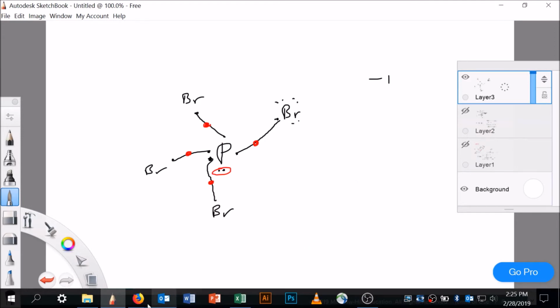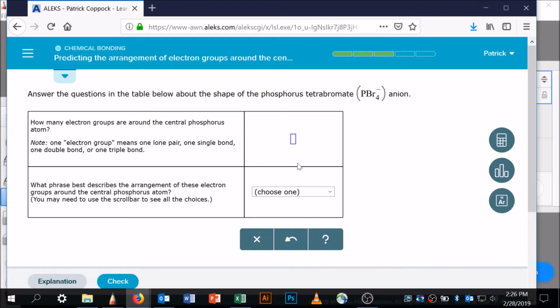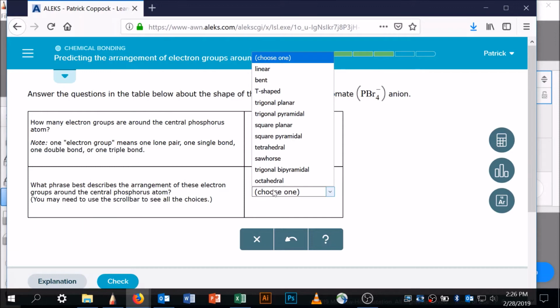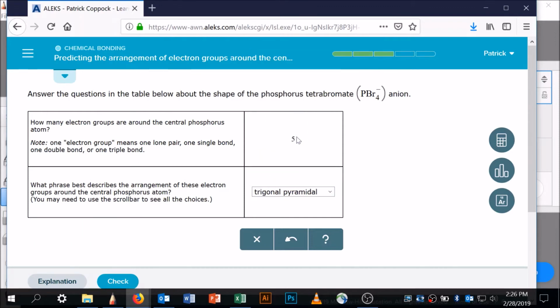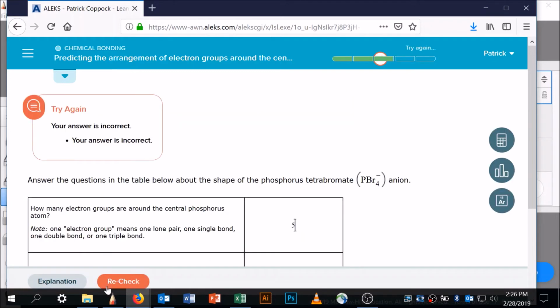5 groups of electrons, and if I have 5 groups of electrons around the phosphorus atom, which is the central atom, then it's going to be trigonal bipyramidal. Okay, and I have that memorized. All right, let's see what that looks like. Whoa, wait a second.